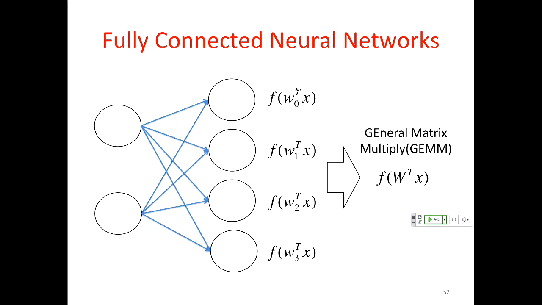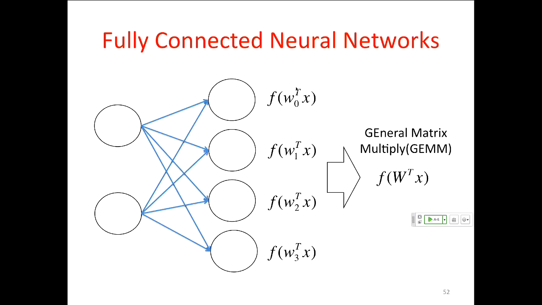So this is a small example of neural networks. For its output, you have its functions here. But the point is, it turns out that it's actually doing matrix multiplication, okay?